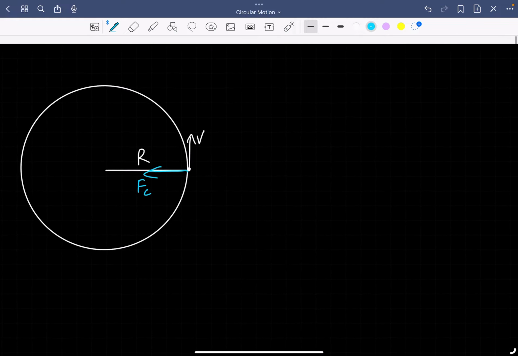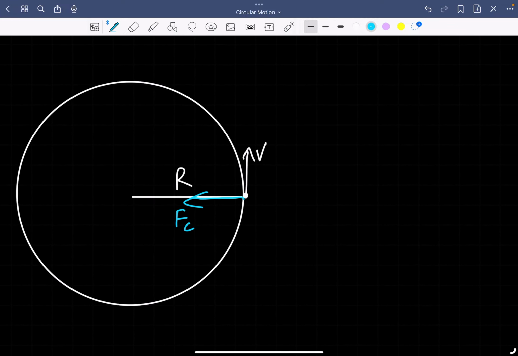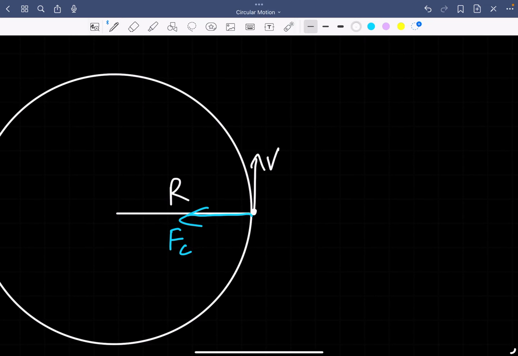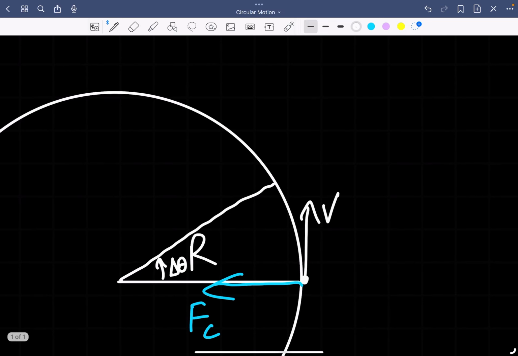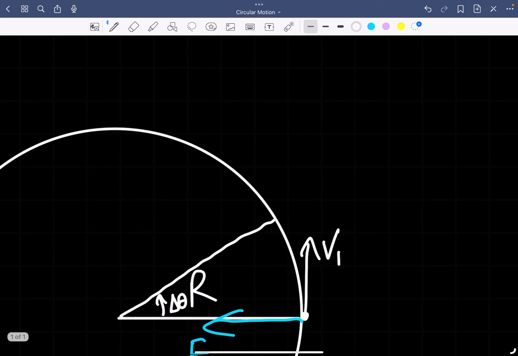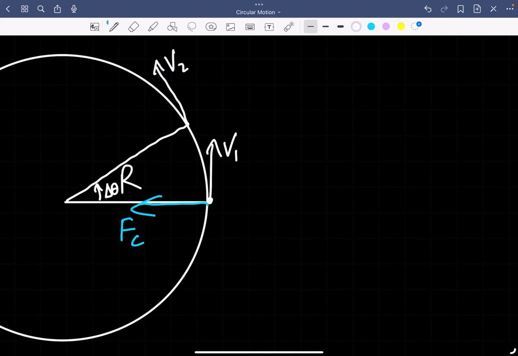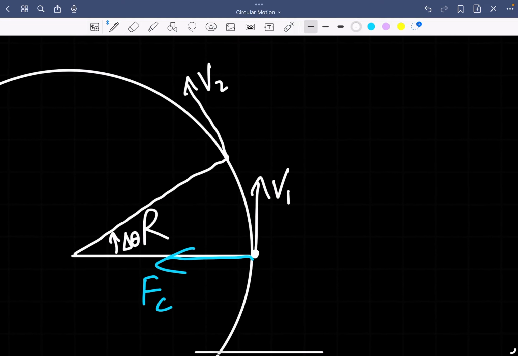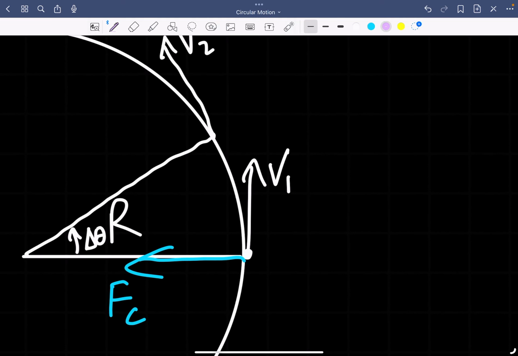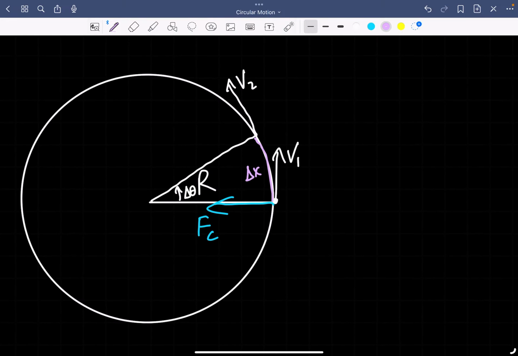So let's say this object travels through an angle, or I should really say an angle change Δθ, in a certain period of time. This is its initial velocity, and this will be its velocity after that period of time. The distance it travels is this arc length, which is going to be Δx.